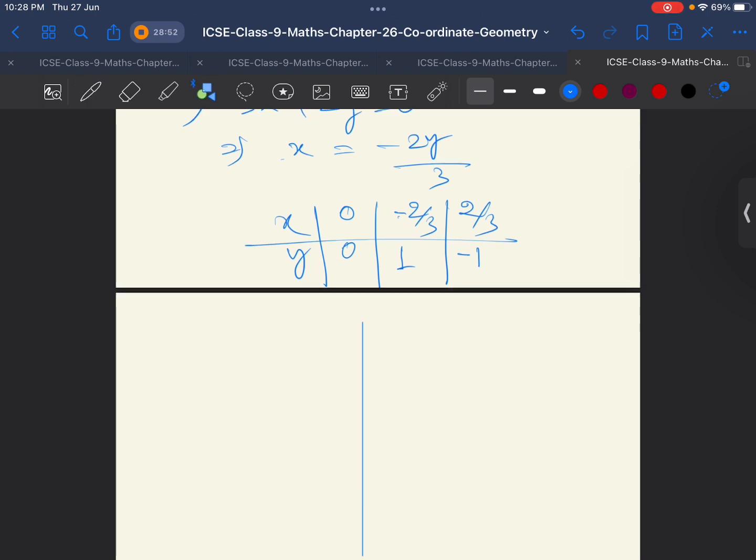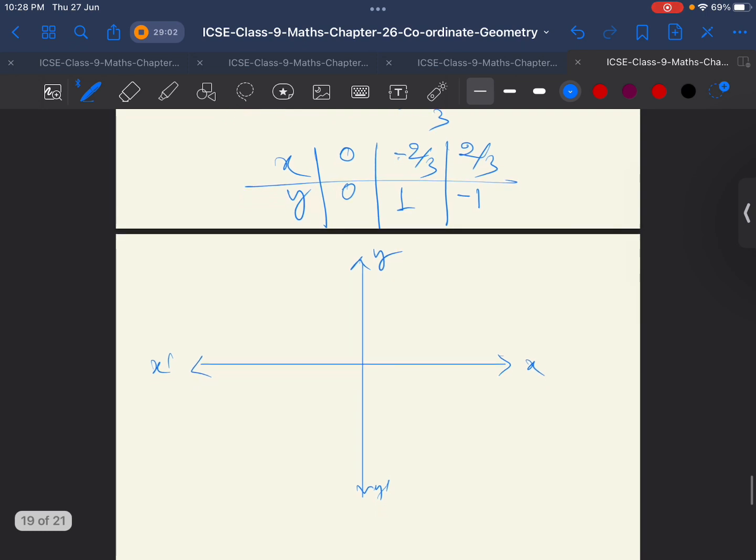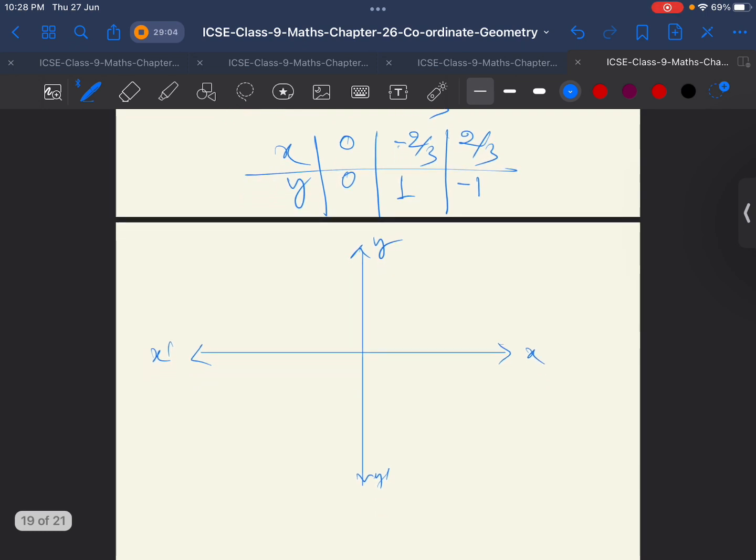Okay. Now we draw the x-axis and y-axis. X dash, y dash. Okay. So this is 1 2 3, 1 2 3. So this point will be here.